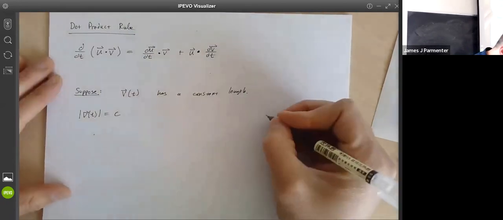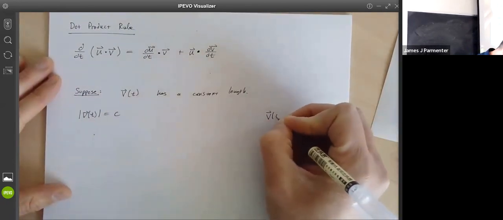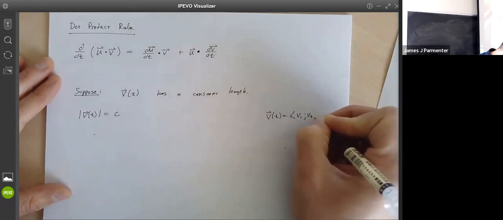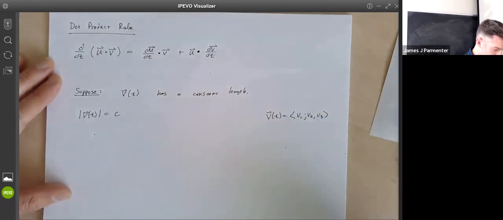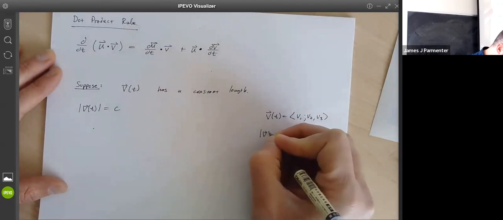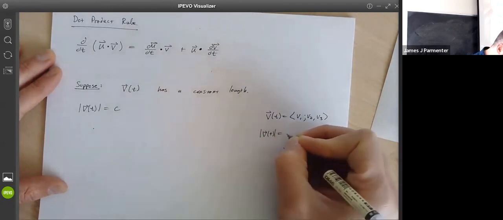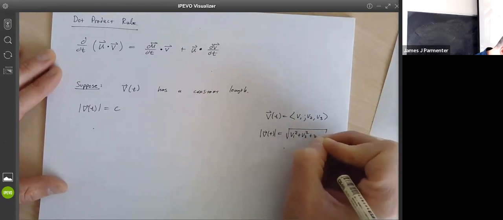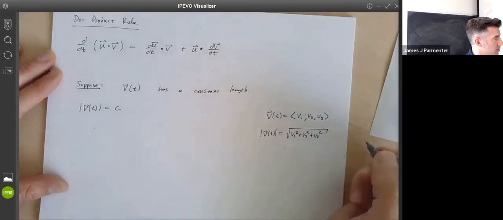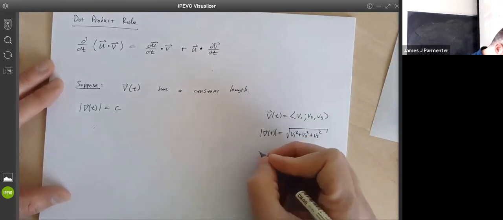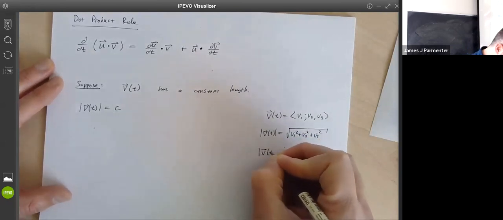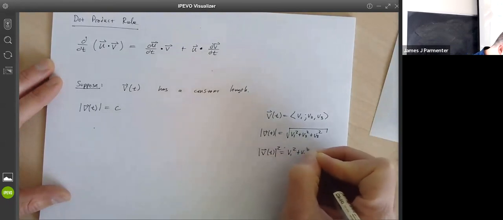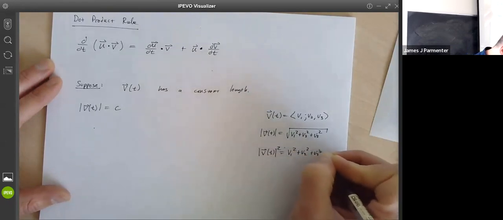For example, if I wrote v as a function of t as v1, v2, v3, the magnitude of v would be the square root of v1 squared plus v2 squared plus v3 squared. And if I squared both sides, the magnitude of v of t squared would be v1 squared plus v2 squared plus v3 squared.